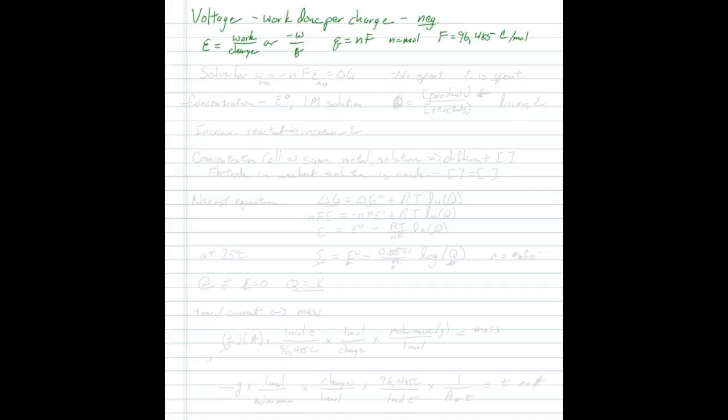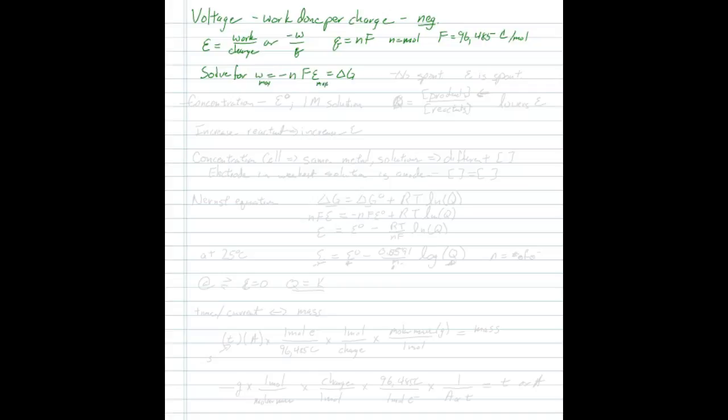If you solve for W, you get negative NFE. And remember, the maximum amount of work is equal to delta G. So if you get the amount of work max, that is delta E max.